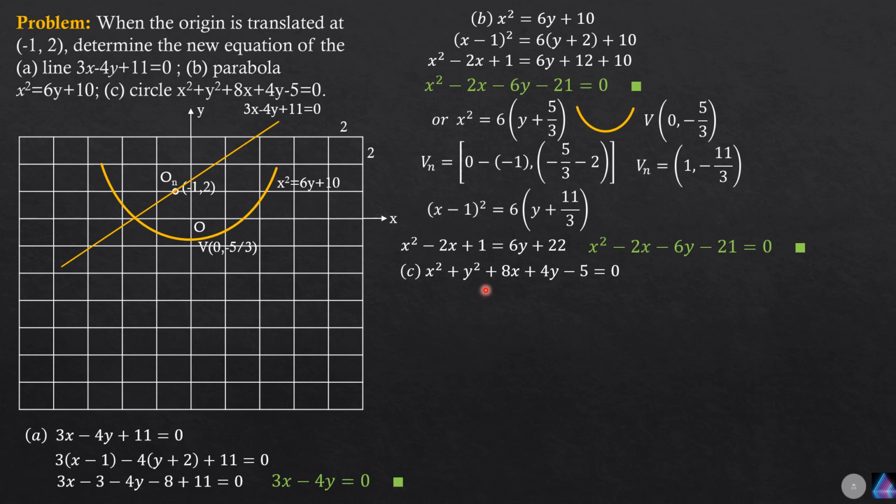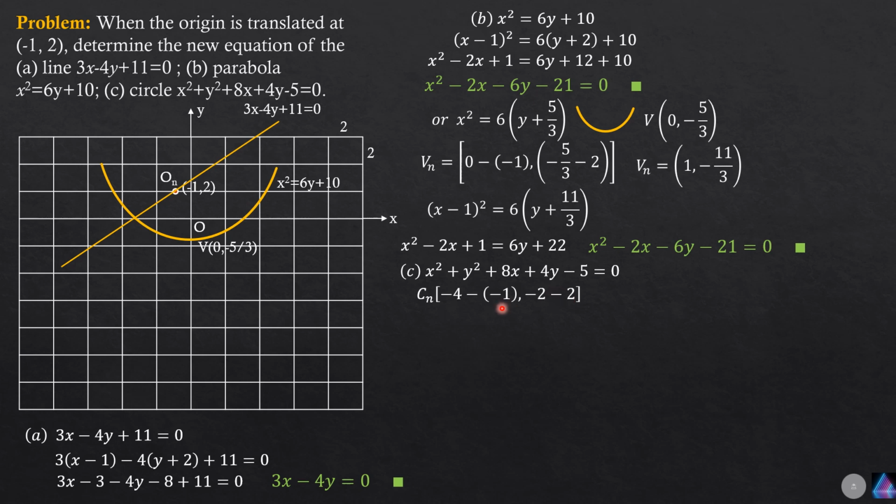The new coordinates of the center would be, so C new is negative 4 minus negative 1, because the original coordinates here would be negative 1/2 of 8, that's a shortcut, negative 4, and negative 1/2 of 4, negative 2.